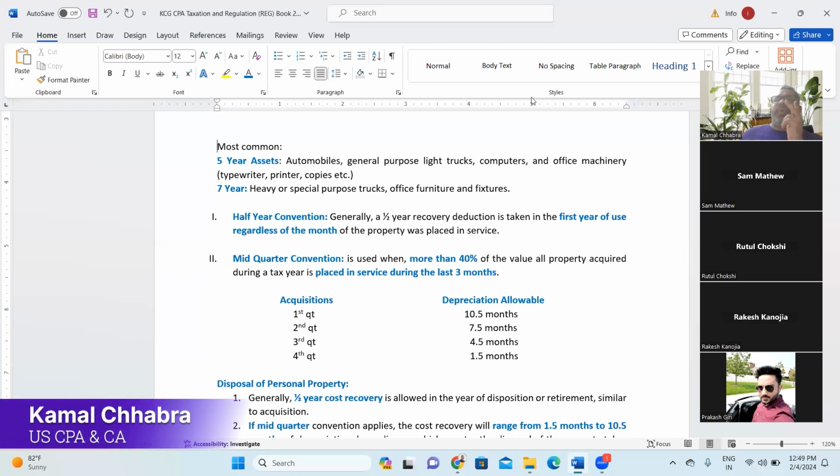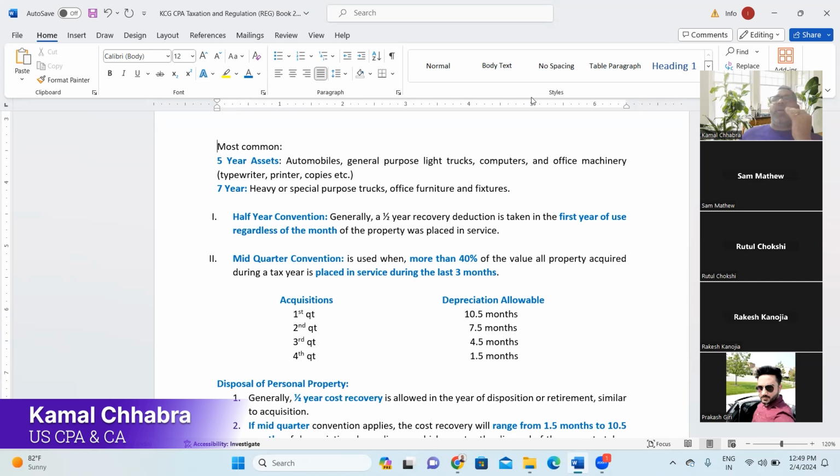So there are two methods available. The first is the half-year convention method, and the second is the mid-quarter convention method. The first is the half-year convention method. Generally, one half of the year's recovery deduction is taken for the first year of use, regardless of the month the property was placed in service.